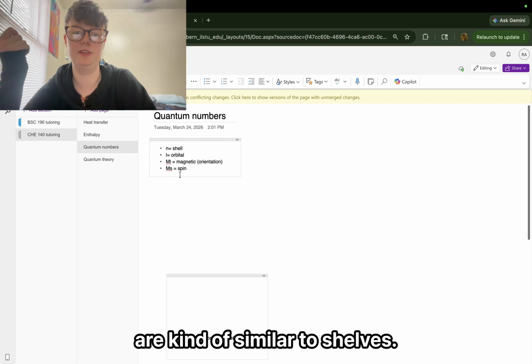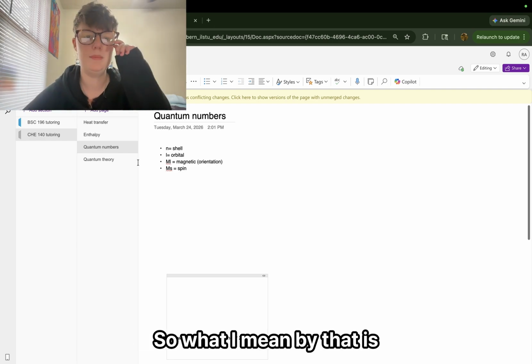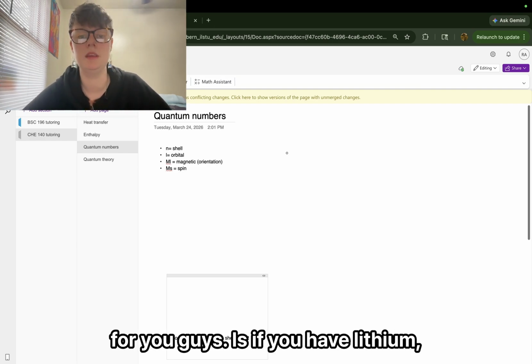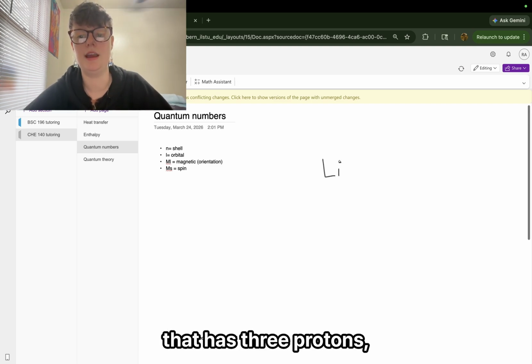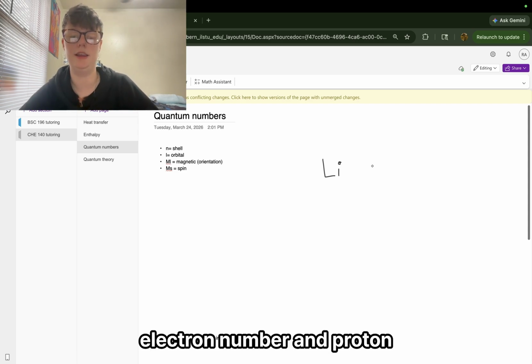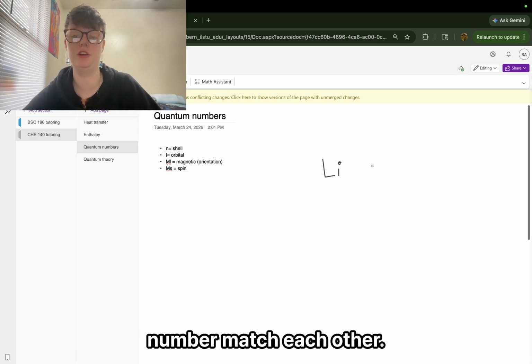Shells are kind of similar to shelves. If you have lithium, which has 3 protons, thus 3 electrons, because unless it's an ion, electron number and proton number match each other. So it has 3 electrons.